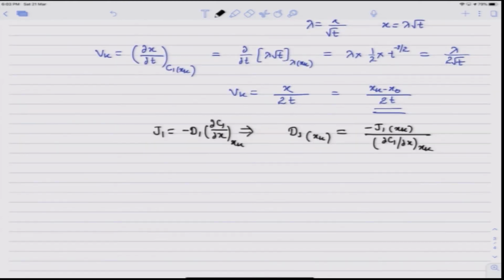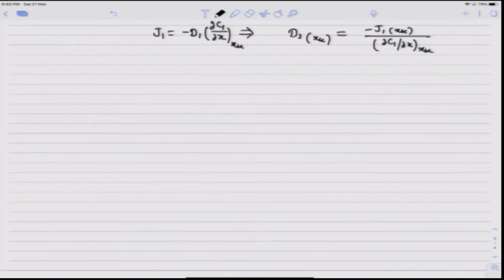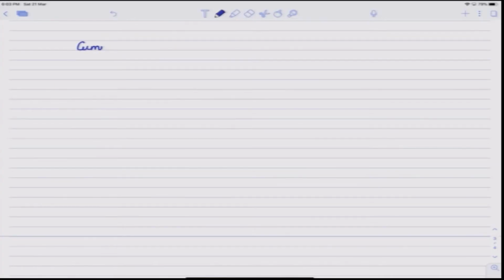There are other methods which have also been proposed for determination of these intrinsic fluxes. One of the popular methods out of these is the graphical method proposed by Heumann. I will talk about Heumann's method here, for which we need to define something called the cumulative intrinsic flux.